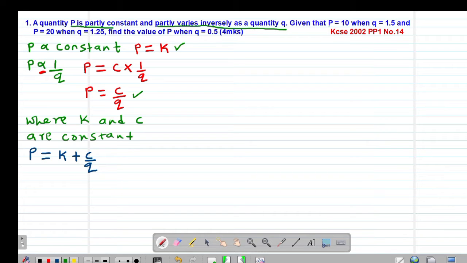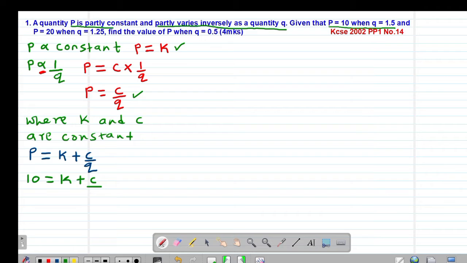So I'm told that P is 10 when Q is 1.5. So I'm going to substitute. I'll have 10 being equal to the constant K, plus the constant C, divided by the variable Q, which is 1.5.